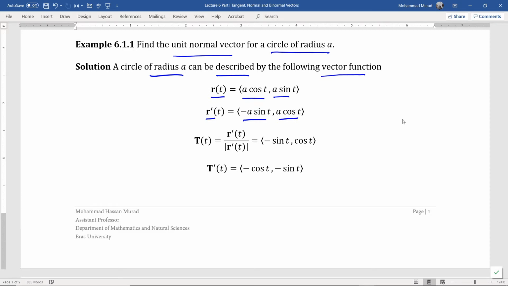So the unit tangent vector is given by this vector, whose components are negative sine of t and cosine of t. So the derivative of the unit tangent vector has components negative cosine of t and negative sine of t.